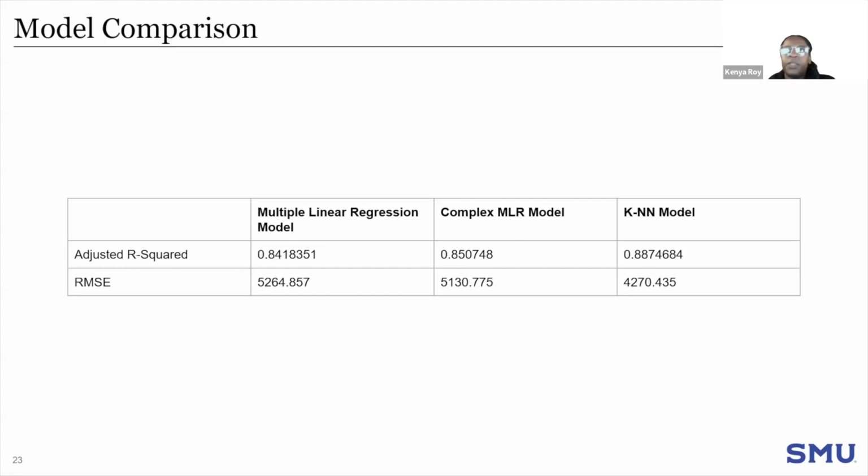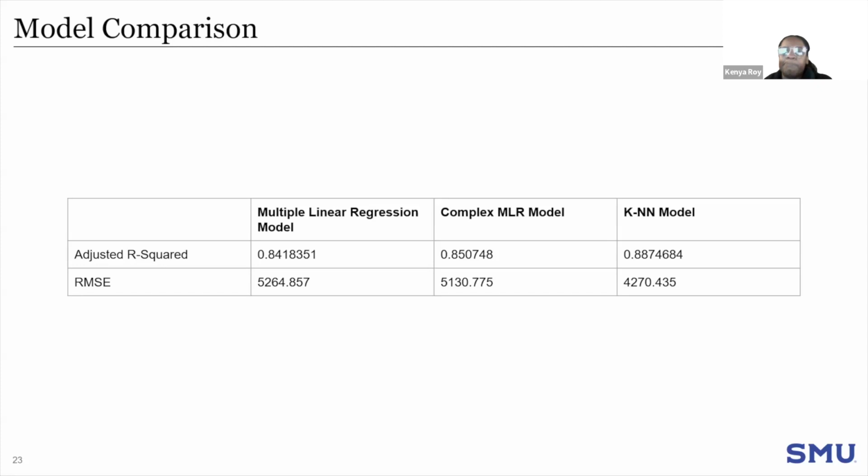So comparing the models, as I previously mentioned, the complex MLR model outperformed the multiple linear regression model with the use of two interactions. And then the KNN model outperformed both of those models.